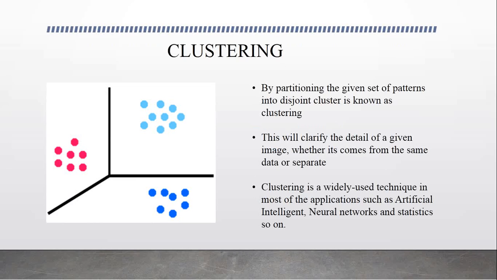Clustering. Partitioning the given set of patterns into disjoint clusters is known as clustering. This will clarify the details of a given image, whether it comes from the same data or separate, as you see in the left side image. Clustering is a widely used technique in applications such as artificial intelligence, neural networks and statistics.